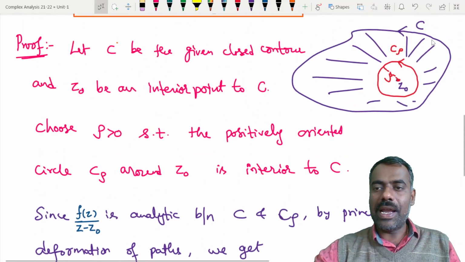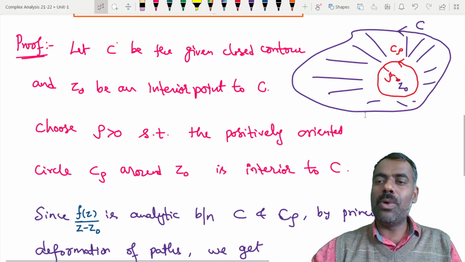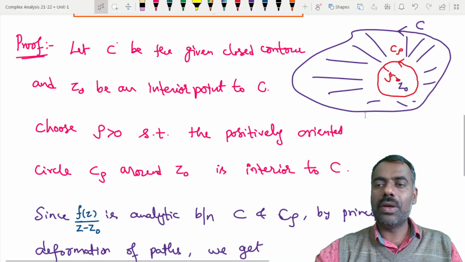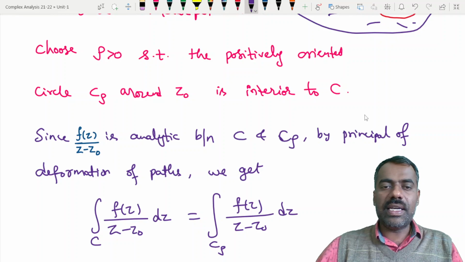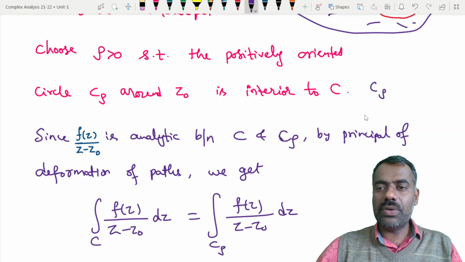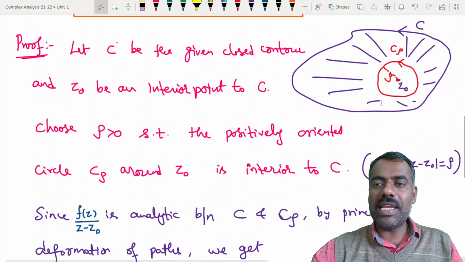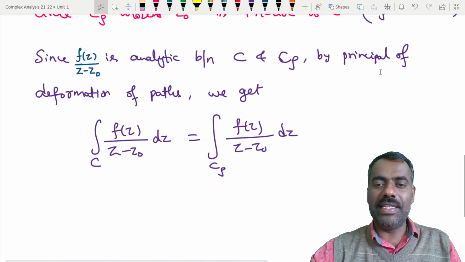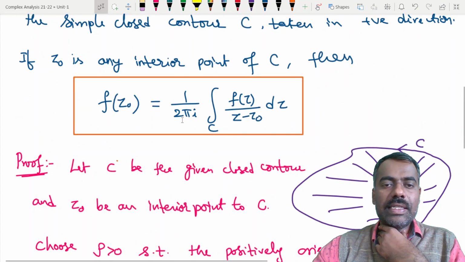This is important. Now, what is the advantage? We know C rho is nothing but mod z minus z naught equal to rho, that is, all the points z such that mod z minus z naught is equal to rho. That is our circle, so the integration of this can be calculated easily. Now what we want to show is that this equals f of z naught.